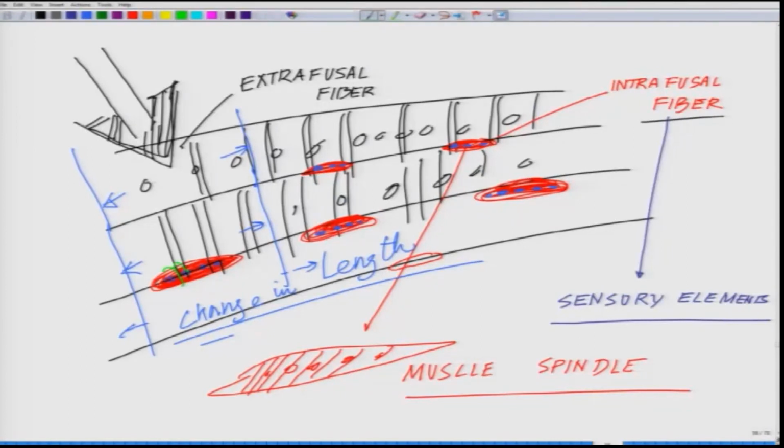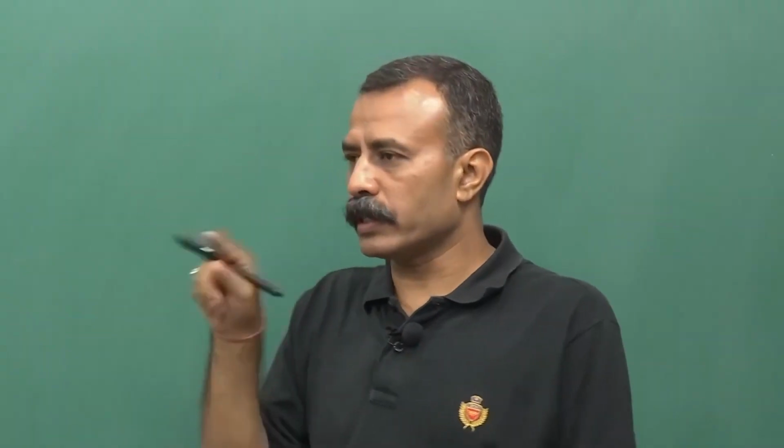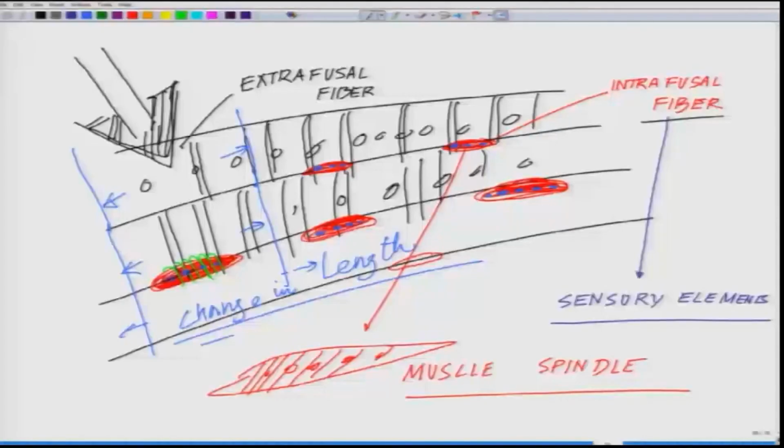And interestingly, if you look at them in a cross section, in a thin slice of a muscle, you will see two distinct thread-like innervations on their surface. Those two different thread-like innervations are something which will come now.